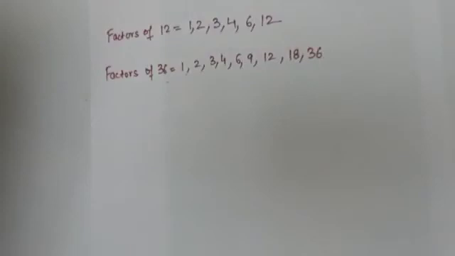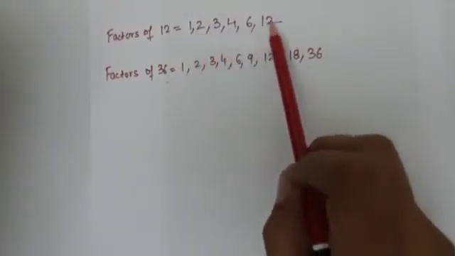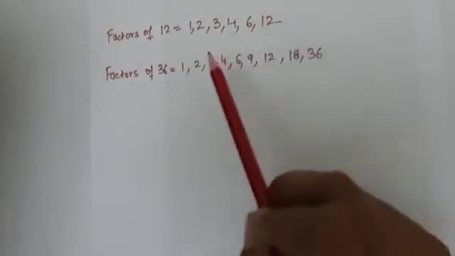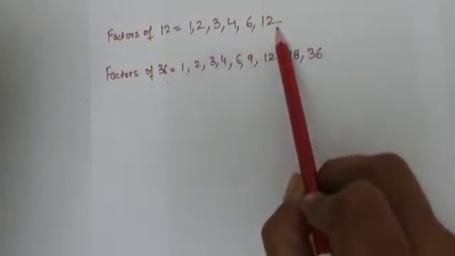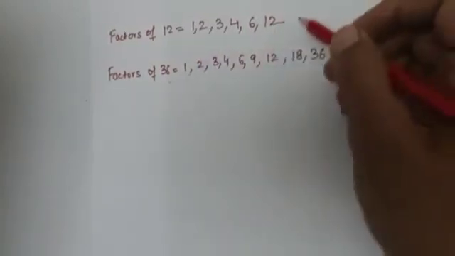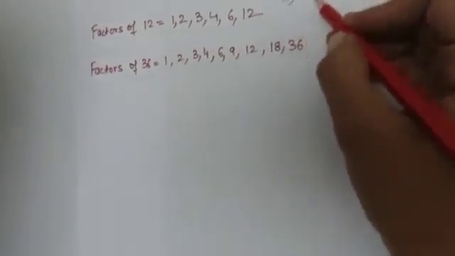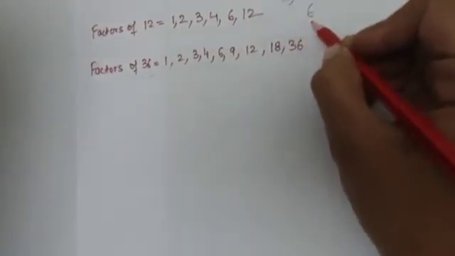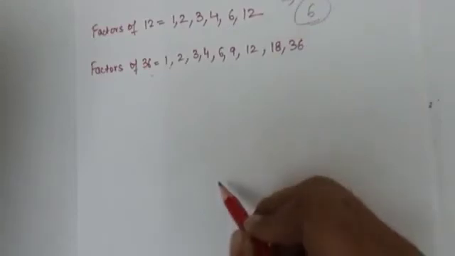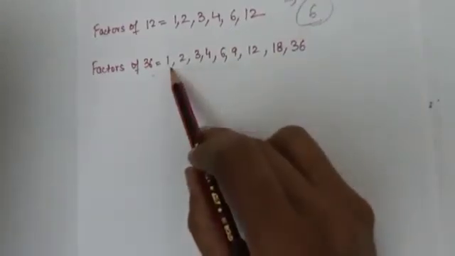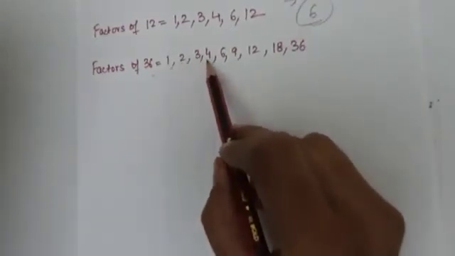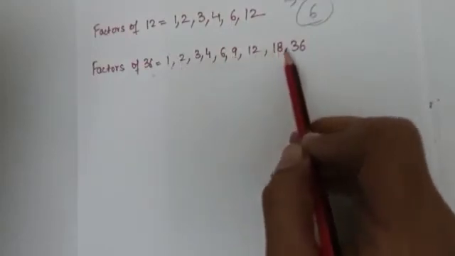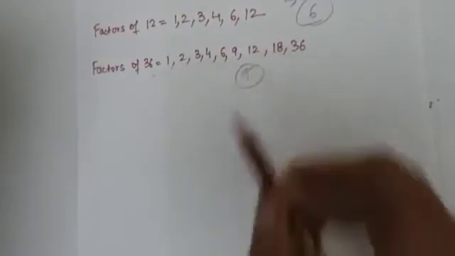Next, we can count the number of factors. How many factors are there? There are 6 factors. And how many factors are there? 1, 2, 3, 4, 5, 6, 7, 8, 9. 9 factors are there.